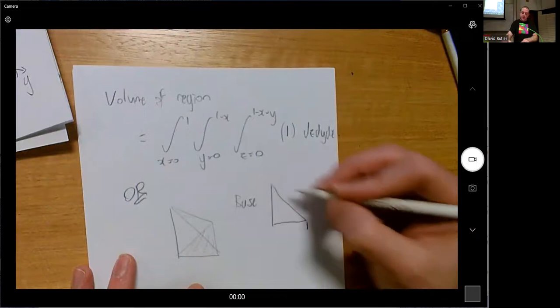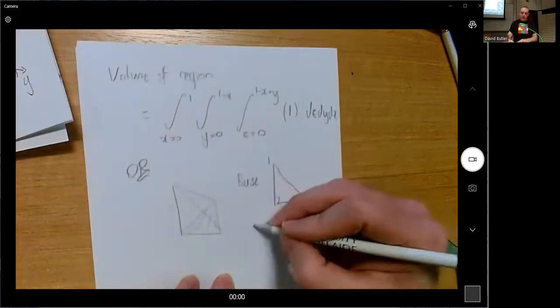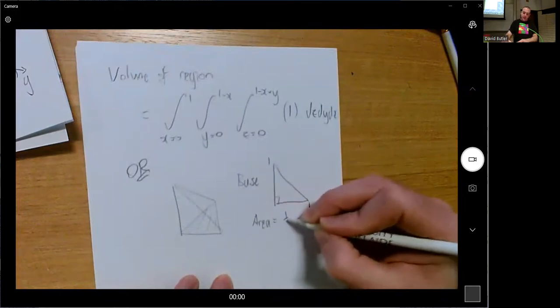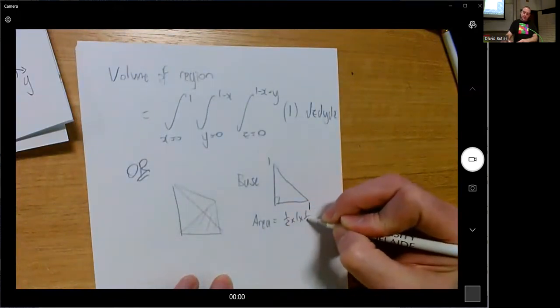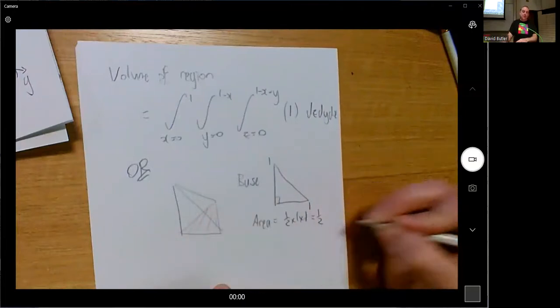Which has 1 here and 1 here. So the base area is a half times 1 times 1, which is a half.